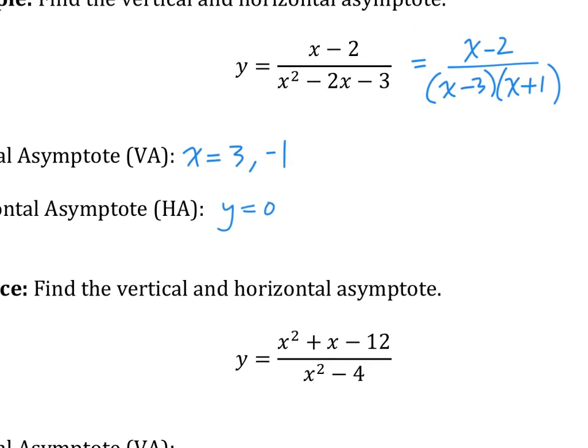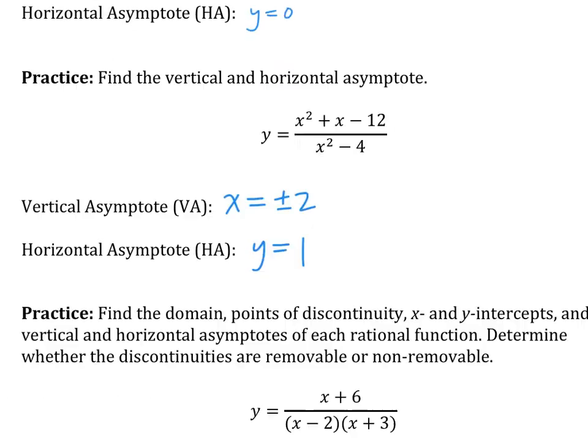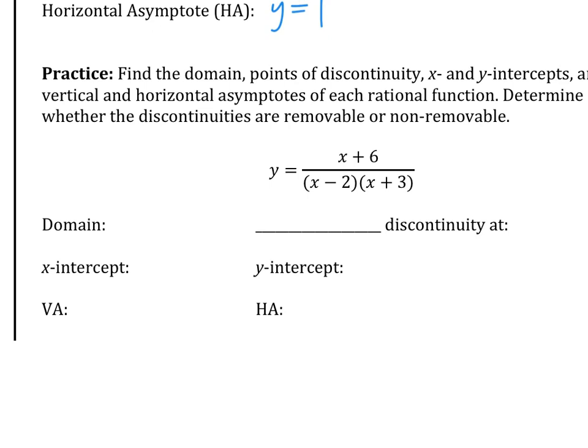All right, this one, let's have you practice. Let's finish this one. The vertical asymptotes are at x equals plus or minus 2, and the horizontal asymptote is y equals 1. Now let's put everything together. Domain: x is not equal to 2 or -3.